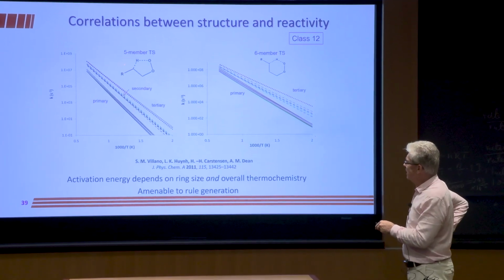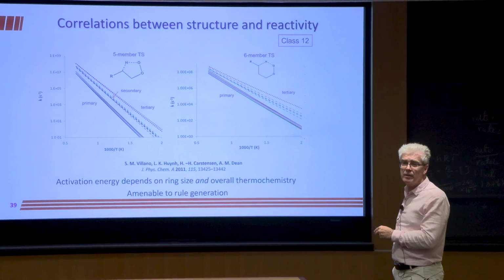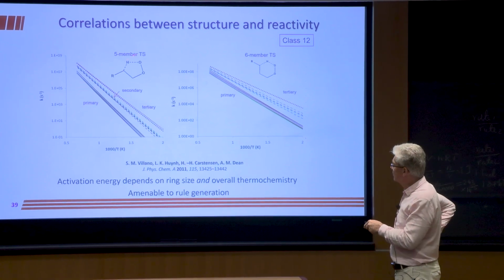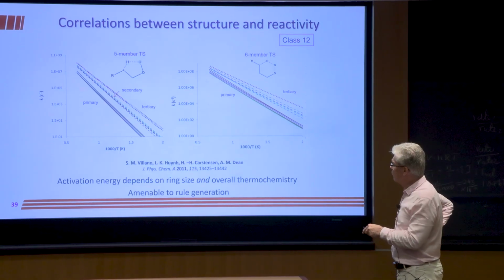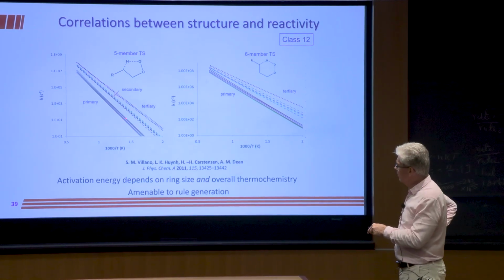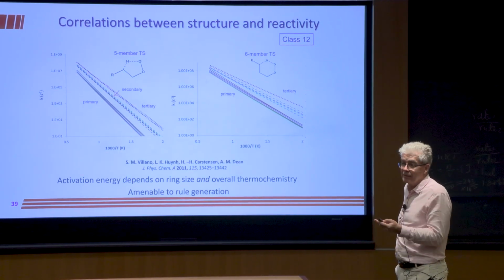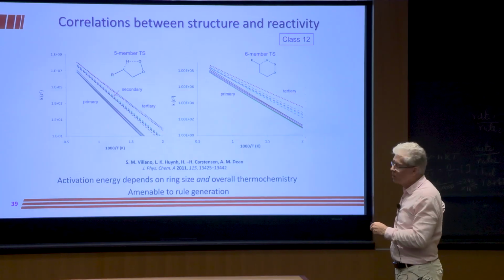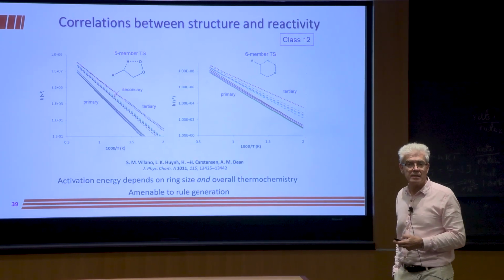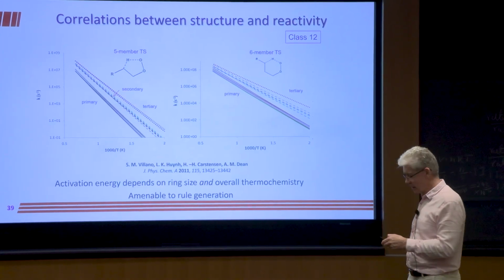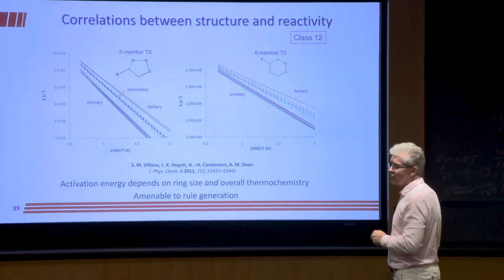But you can see that it should be largely irrelevant, right? What you're really worried about is this 5-membered ring structure, okay? And what they found was, yeah, the primary were all clustered along. You could get an average here, and plus or minus, you'd be within certainly 50% or less for the rate constant. The same for secondary and the same for tertiary.